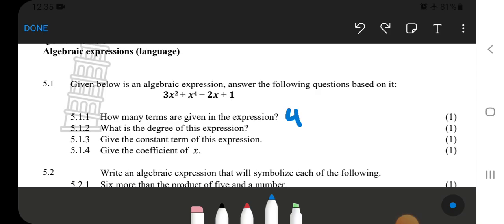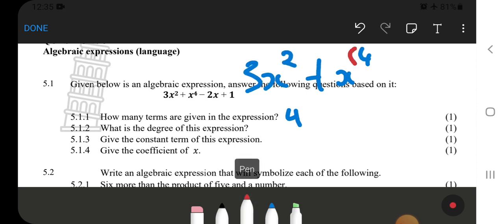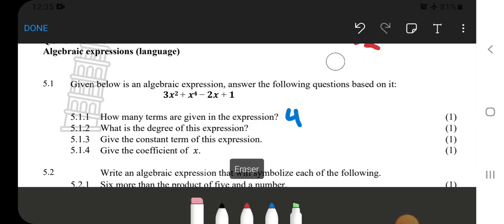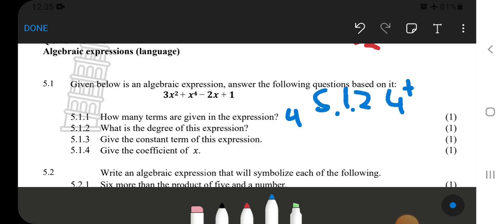It's 3x to the power of 2 plus x to the power of 4. The degree of the expression is the biggest power. So here it's 4. 4 is the biggest one. So for 5.1.2, we write 4th degree.